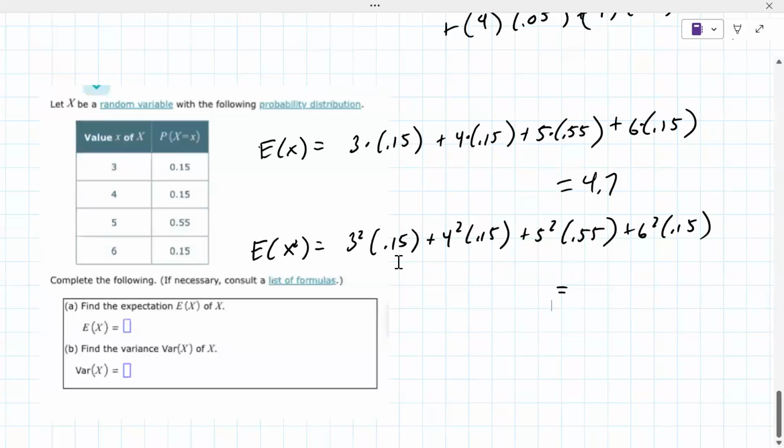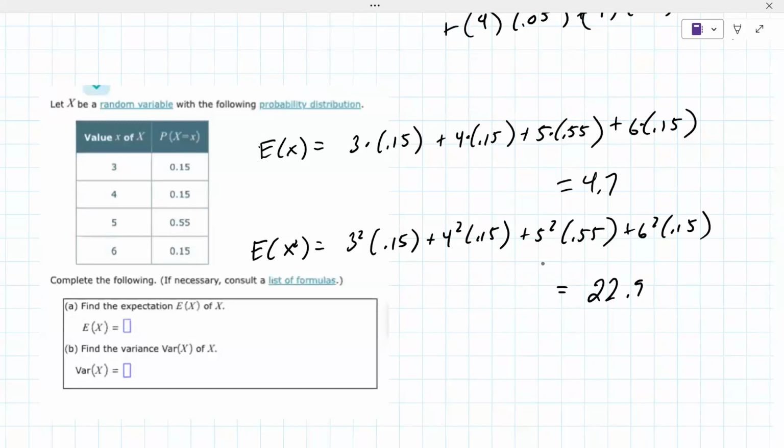Would you give that a try? Yes, I'll let you know. I got 22.9.